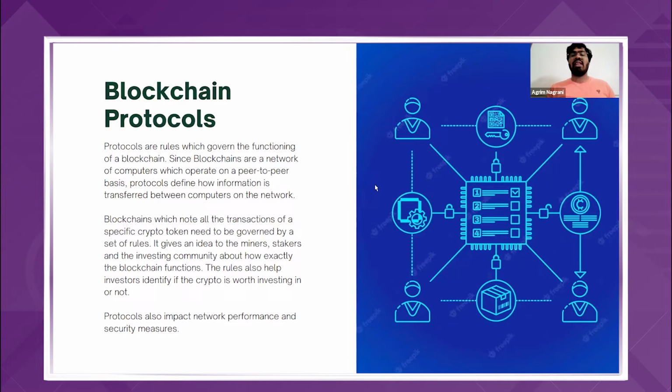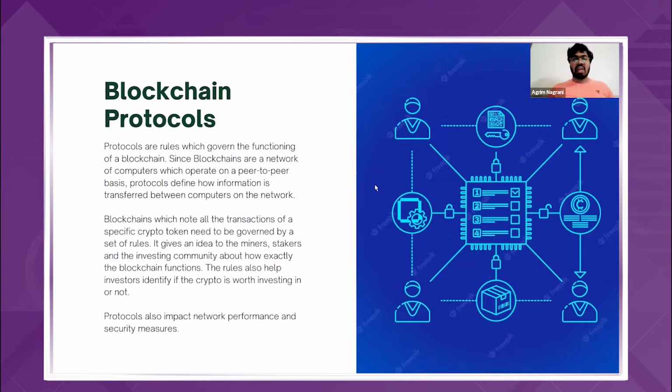It helps investors who do research through white papers and yellow papers to see what potential is present in that token, depending upon the architecture of that token involving the protocol of the blockchain. And definitely it is going to impact the network performance as well as the security of that token.